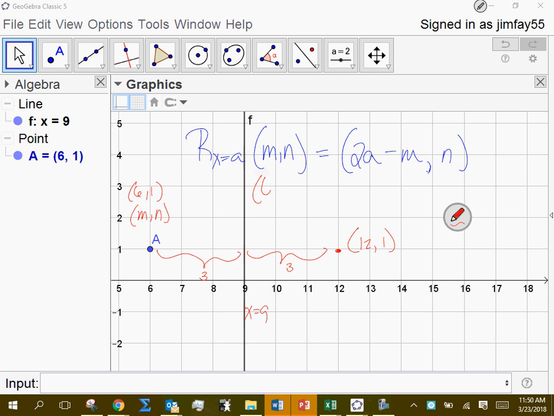Does this rule produce the same thing? If m is 6, n is 1, reflection across x equals a, the a value is now 9. Does that make sense, everybody? So what is 2 times a? 18, minus m, which would be 6, comma then n, which is 1. Is that ordered pair right there the same as that one? 12, comma 1, right?